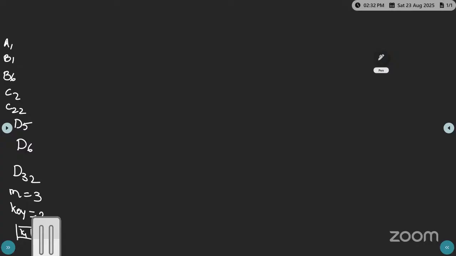Try to draw, make it fast. First, we need to draw these 3 elements in a box. Before constructing the B tree, try to draw these 3 elements in a box: M equal to 3, keys K1 and K2.